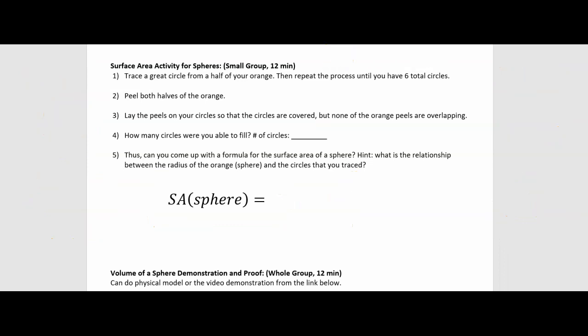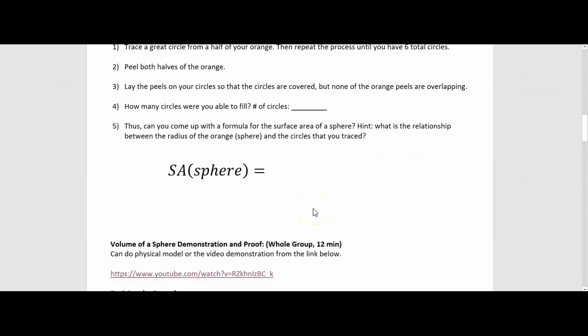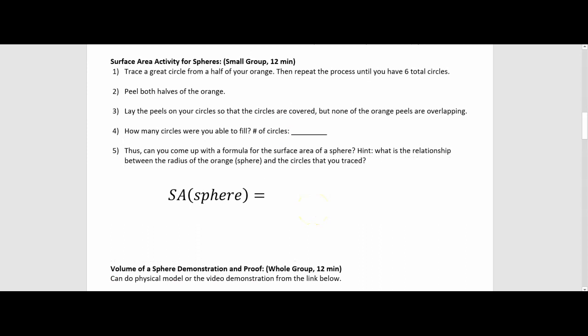Before we apply this formula, let's also talk about the volume. I do want to make a point of this, because some students confuse the volume and the surface area formula, or they see both and they're unsure of which one is which. The surface area formula, the units for area are always going to be squared.